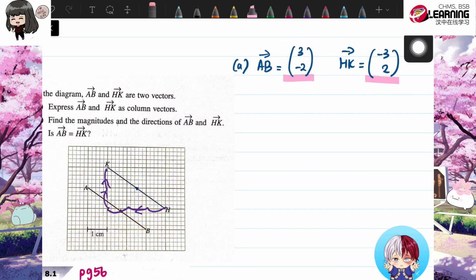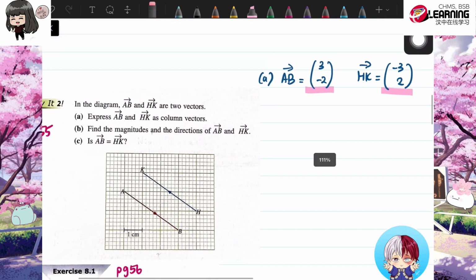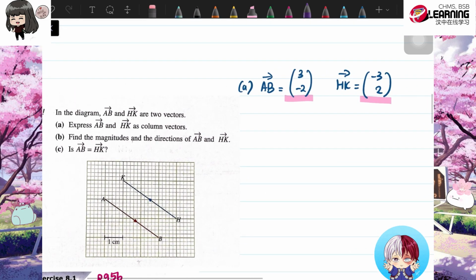Even though they are parallel, the direction is different. In vectors, direction matters. Remember, direction matters because the arrow from A to B is different from the arrow HK. But if the arrow is the same, like this and like this, they are the same. So the vector of AB is equal to KH. Right, so that is part A.